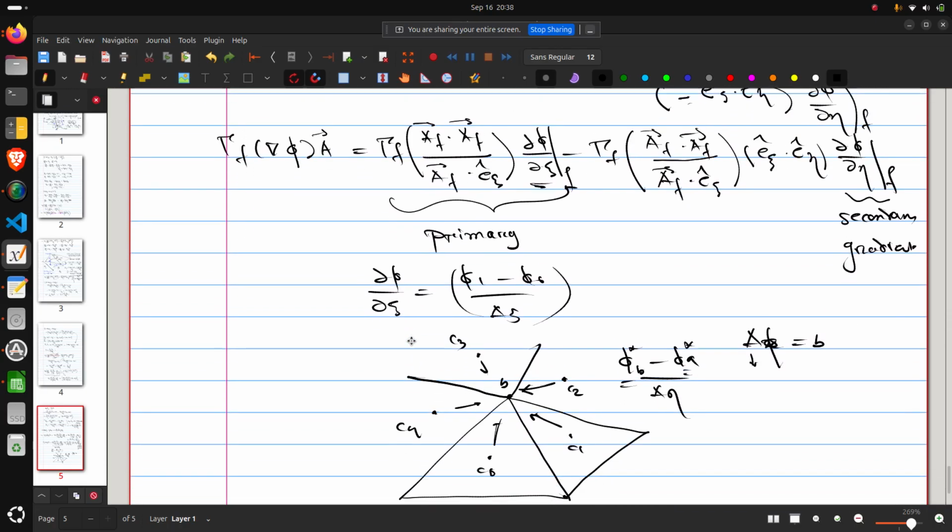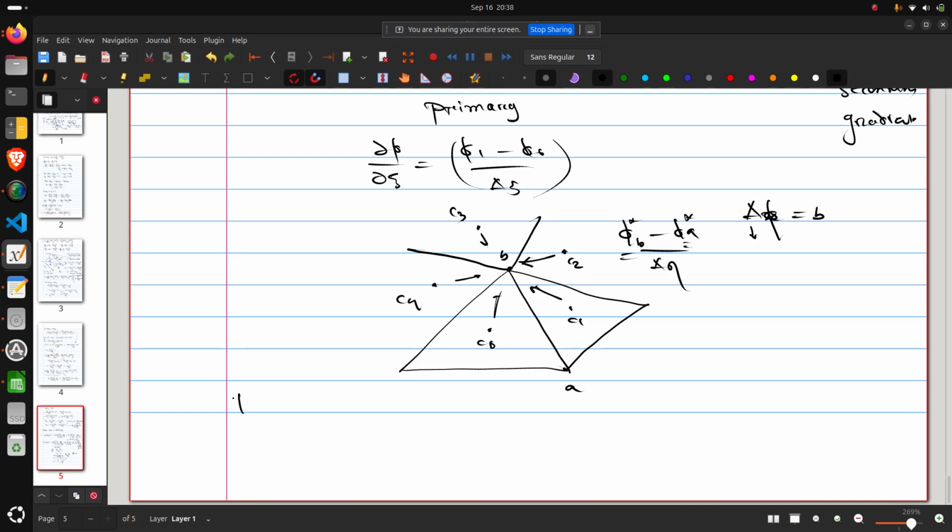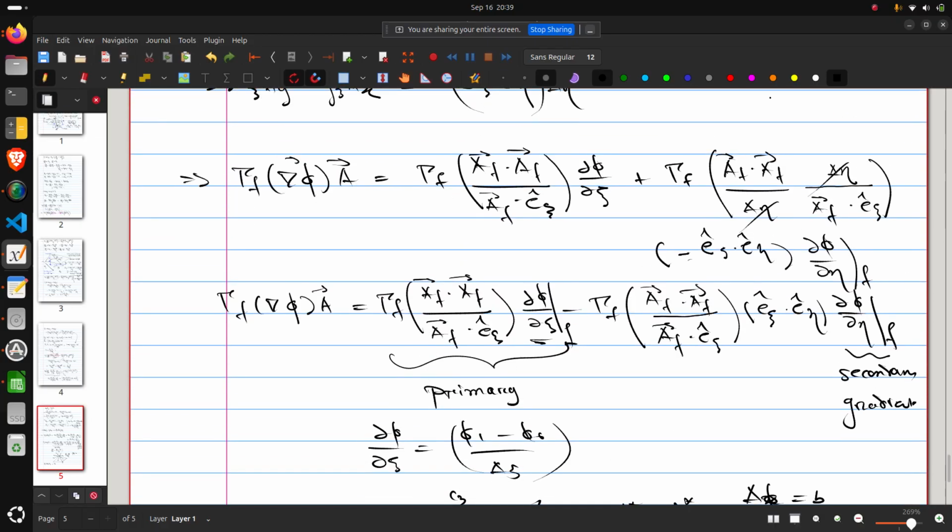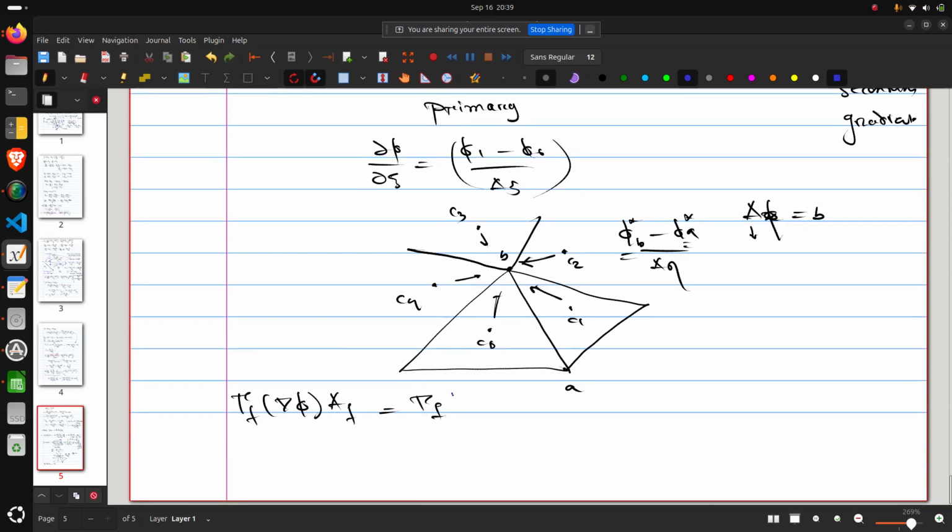So this part we can write it as, so gamma phi at a particular face is nothing but gamma F, let's write it as PG, or primary gradient coefficients that we will compute, and finally by delta psi, phi 1 minus phi naught plus the secondary gradient.